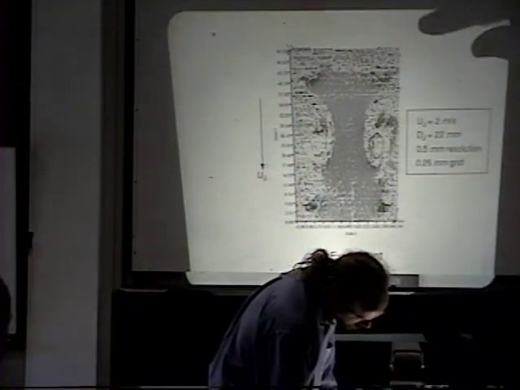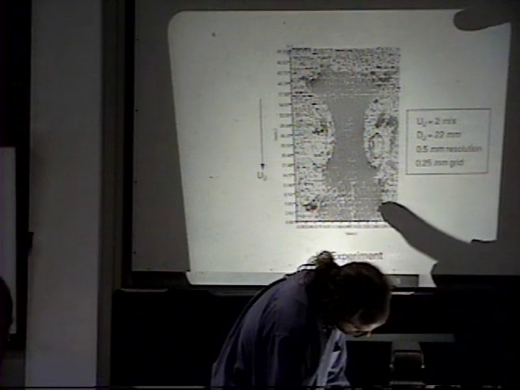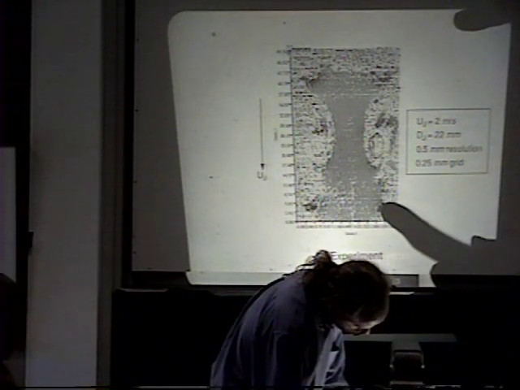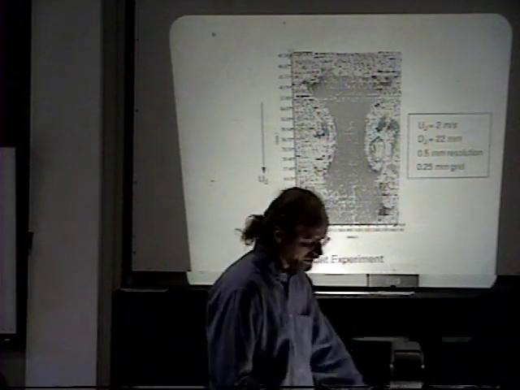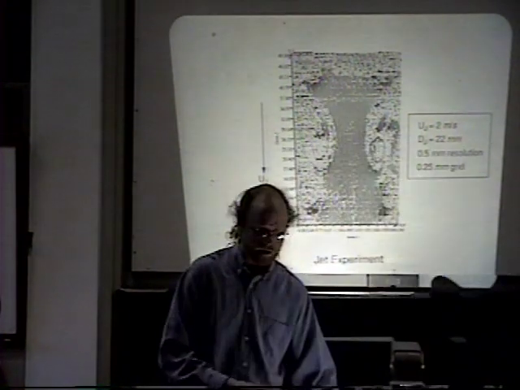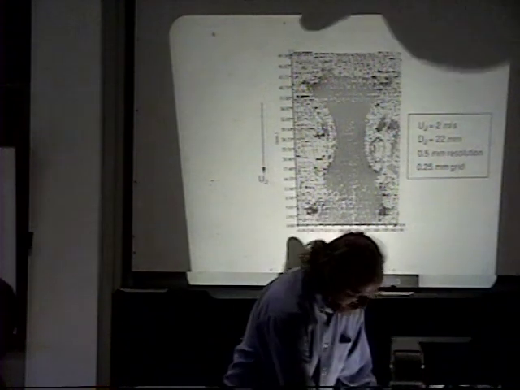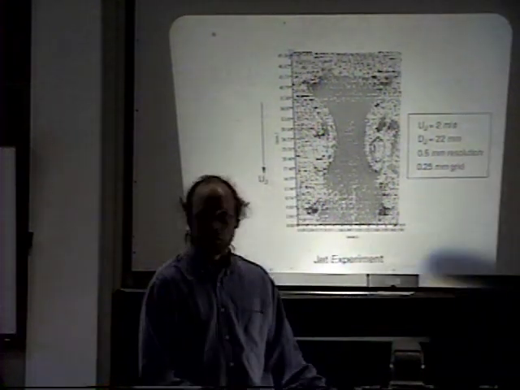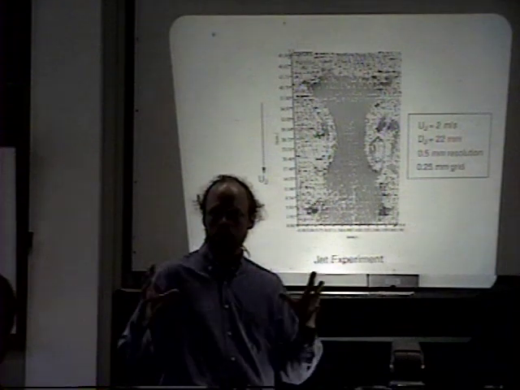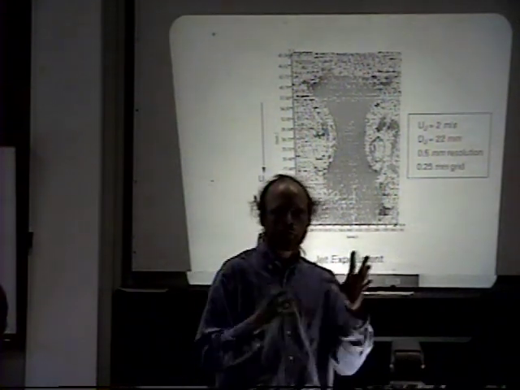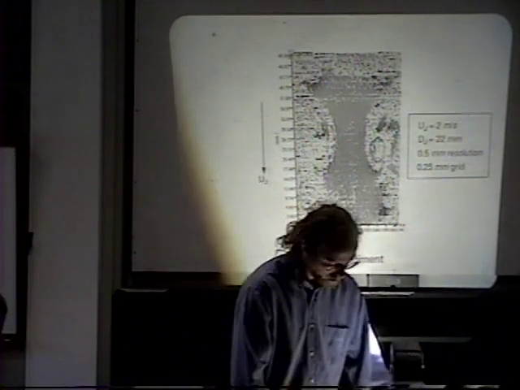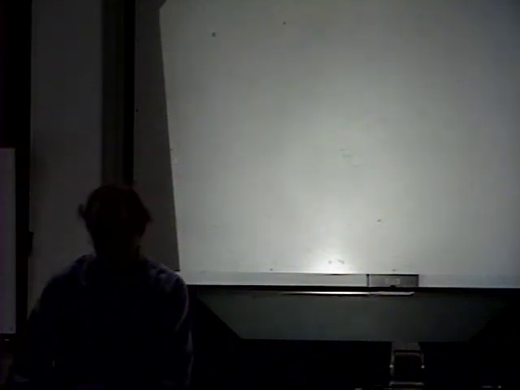But I believe this is, if I remember right, on the order of 40,000 vectors in this one image here, something like that. Anyway, we were able to analyze over 4 million vectors from this one hologram, 4 million points simultaneously. So that's the kind of points we can get in one instant in time. Unfortunately, our computer wasn't big enough to display 4 million points, so we could only look at a small part of that at a time.